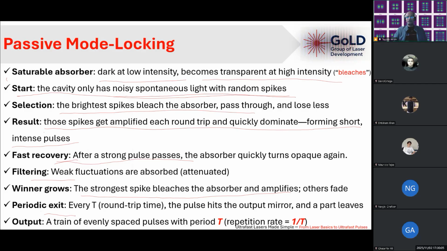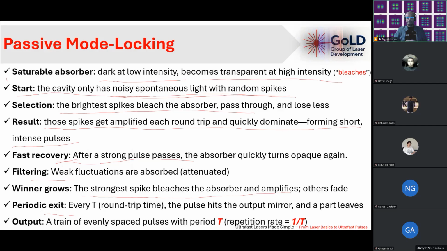Periodic exit means that every round trip time, after one round trip, it hits the output coupler or the mirror, and we can take it as an output. This process is repeated, and you get the pulses in a very short interval of time.